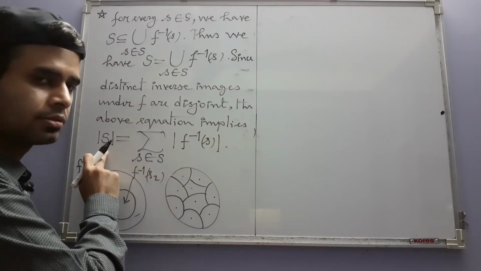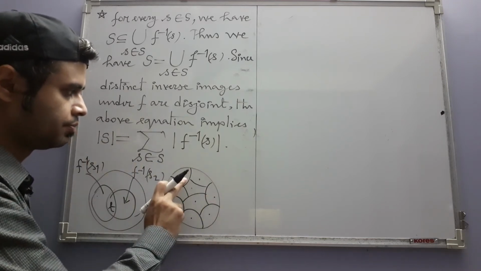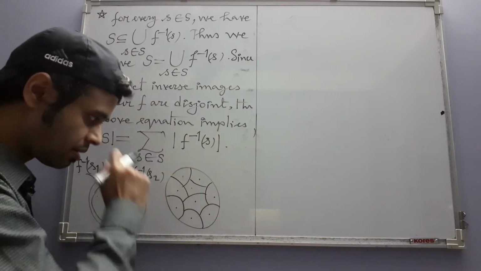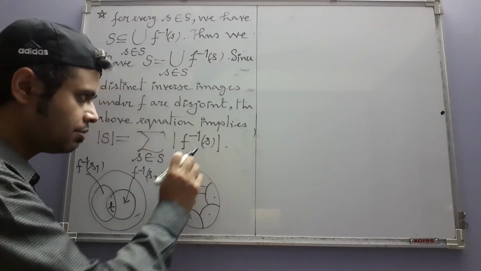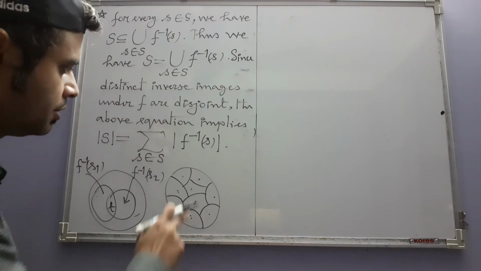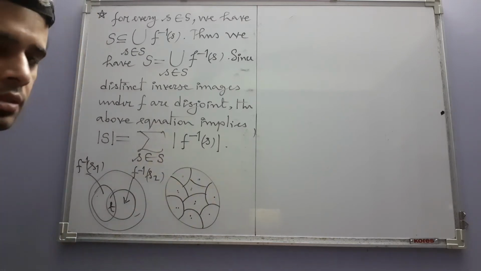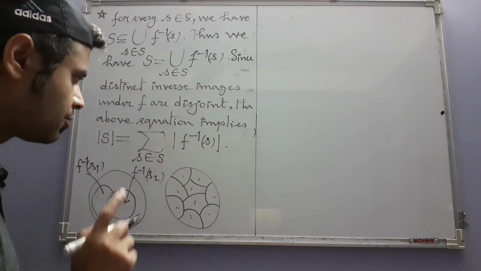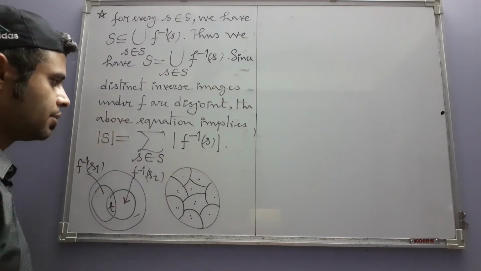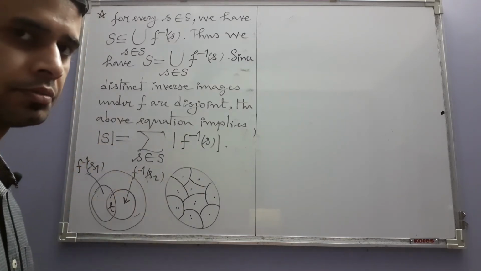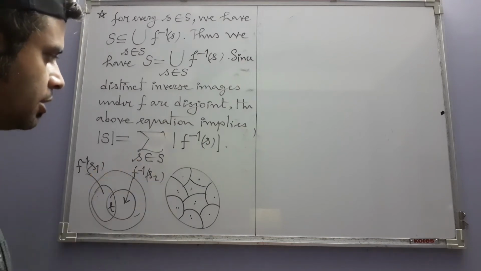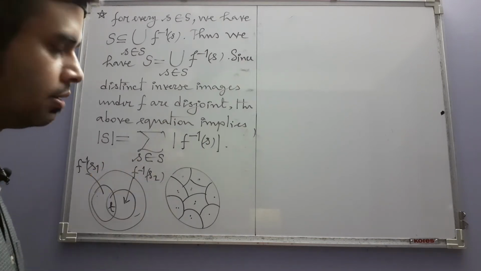Now, because we don't yet know whether these are non-empty or not, some of these inverse images may actually be empty, giving you a 0 in this sum. Note one more thing, that this formula makes sense because S is a finite set. So this sum is an ordinary sum, not an infinite series.